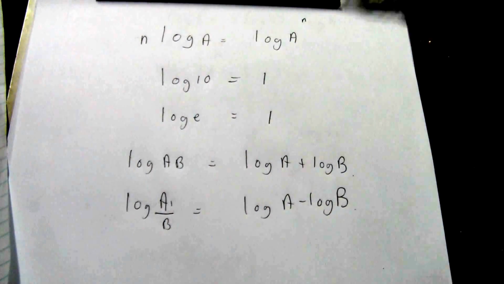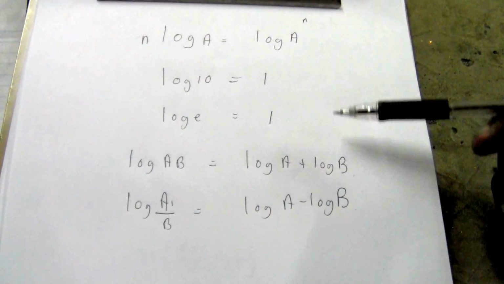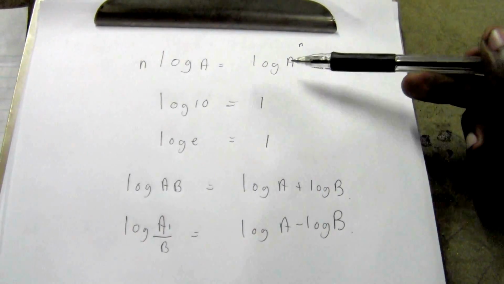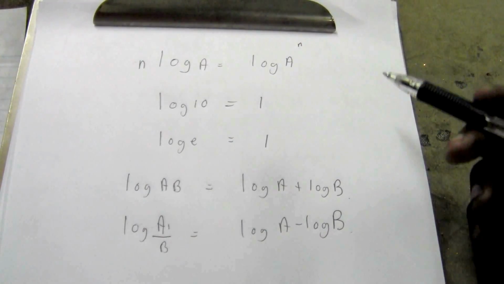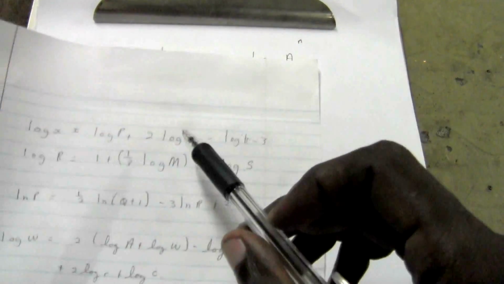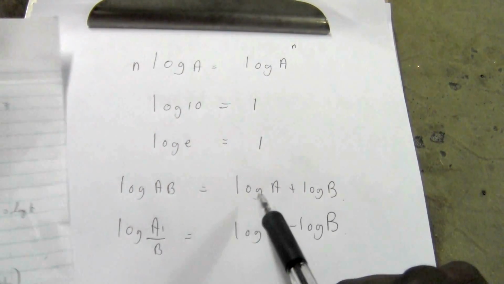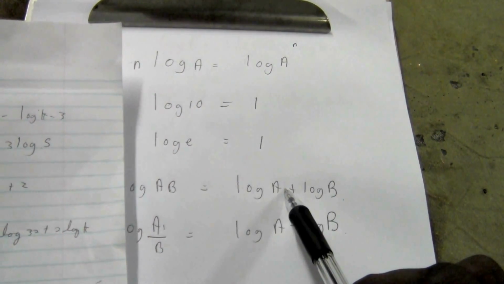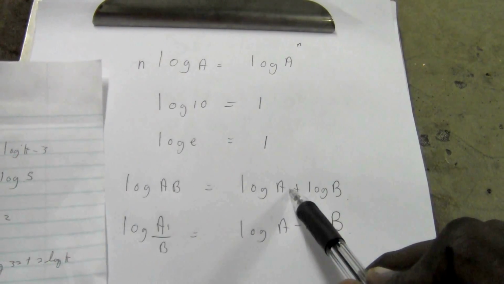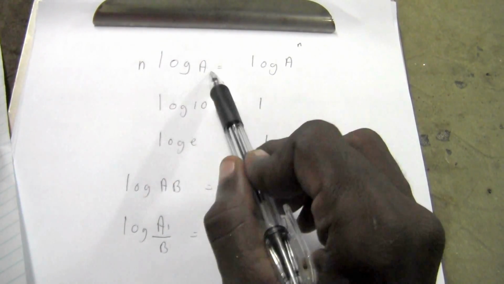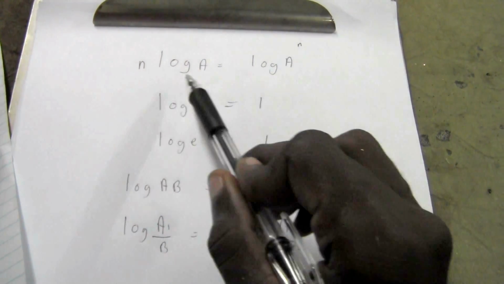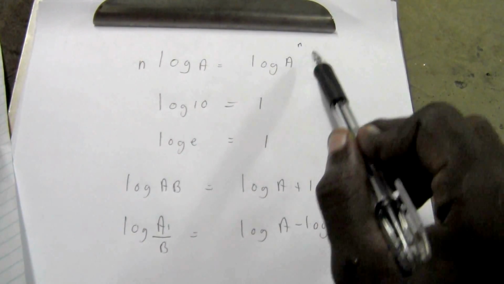Okay. So we want to get whatever they give us into this form first by using mainly these 3 rules. If we have something like 2 log q, we want it to look like a log with a number at the back of it. So we can turn 2 log q into this form: n log a is equal to log a to the n.